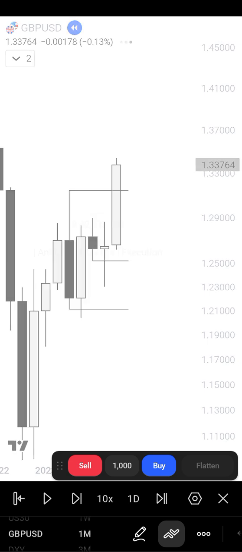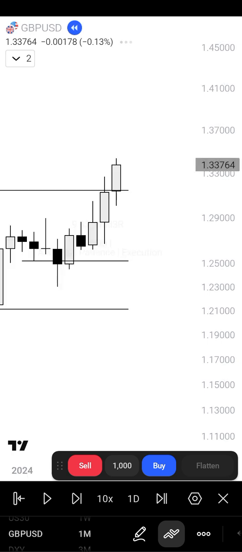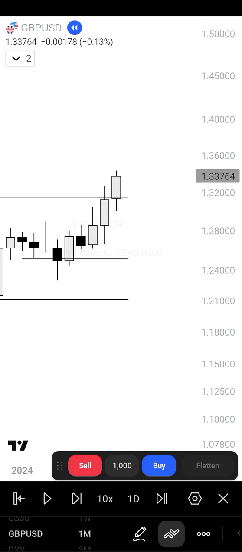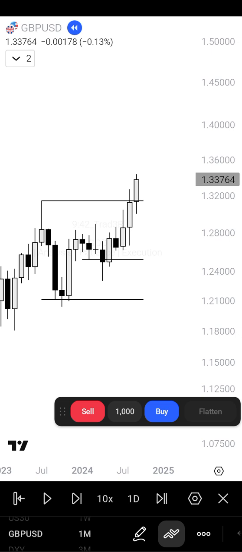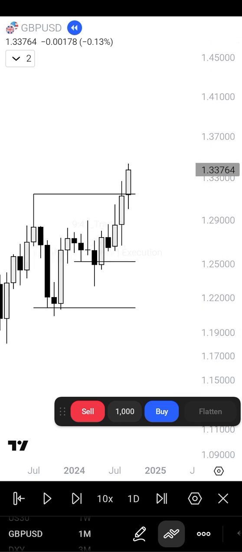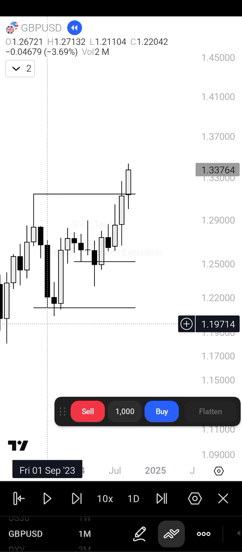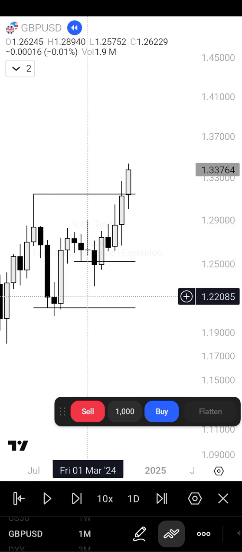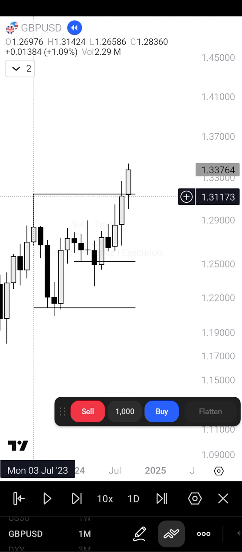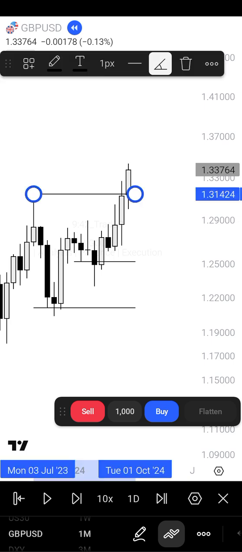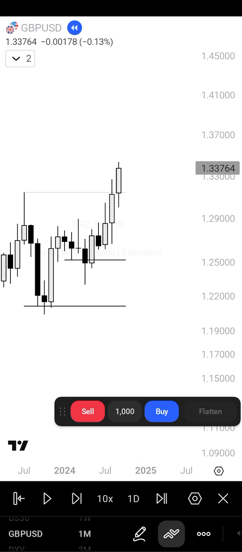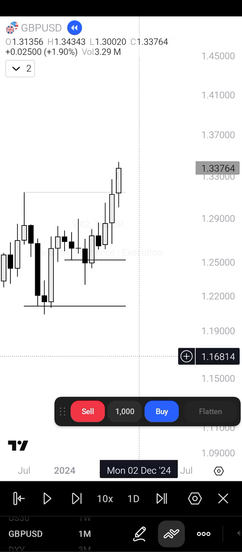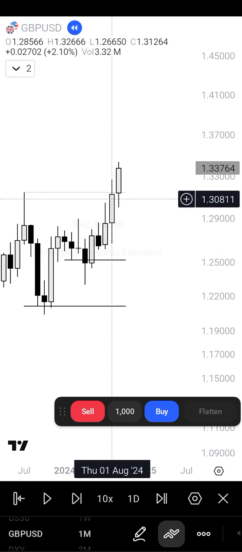If we go to the monthly chart, you'll see that we had a low here, created a high, created another low, before price broke and closed above these highs. After that, what you're looking for is price to retrace back into this uptrend that you're seeing on the monthly chart.